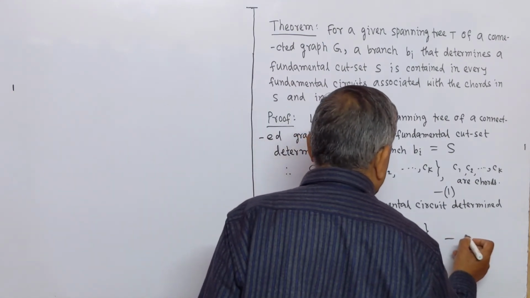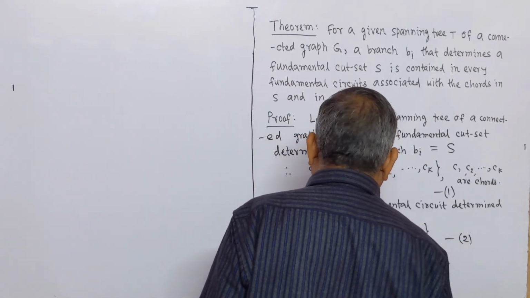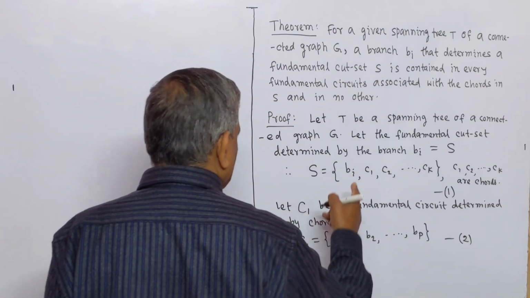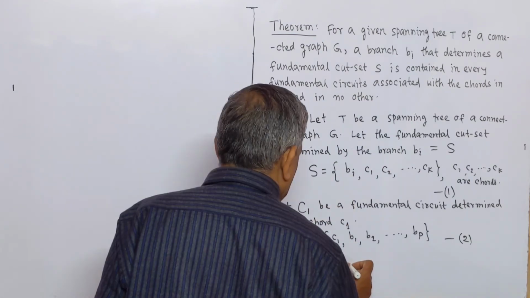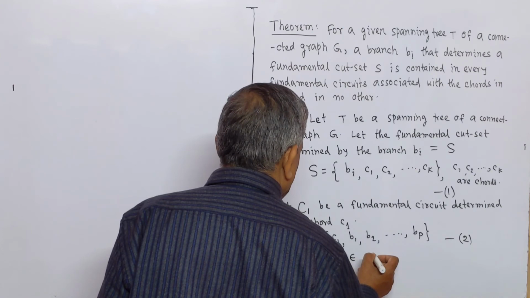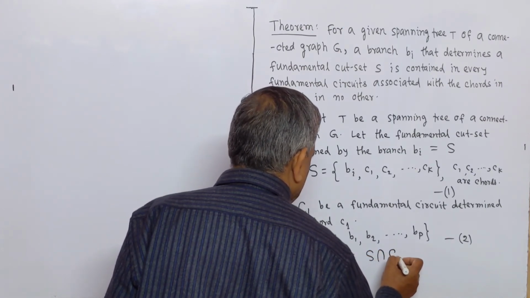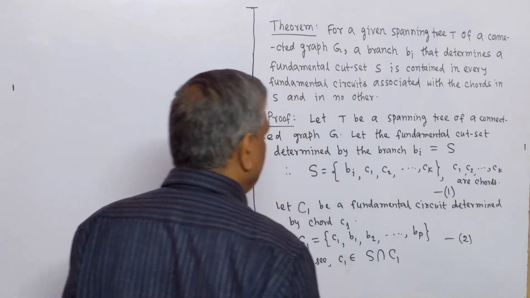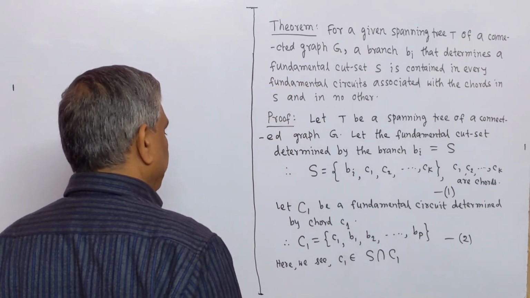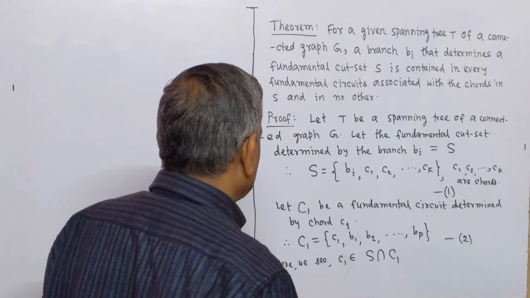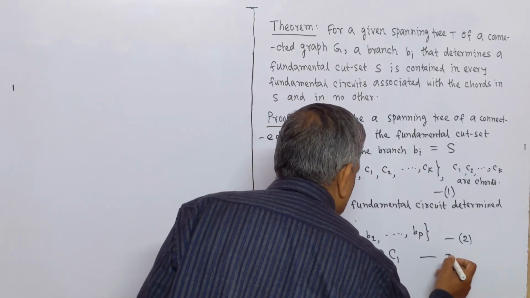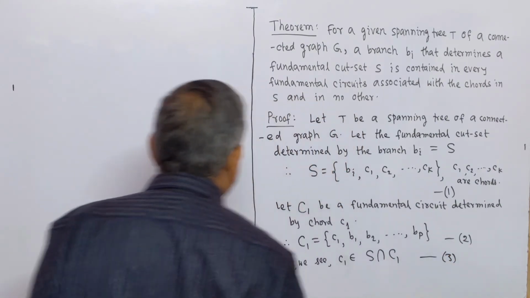This is number 2. Here we see that c1 belongs to S intersect capital C1. Capital C1 is the fundamental circuit. This is number 3.